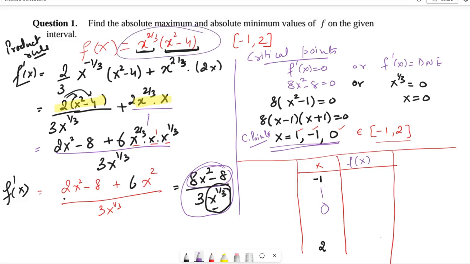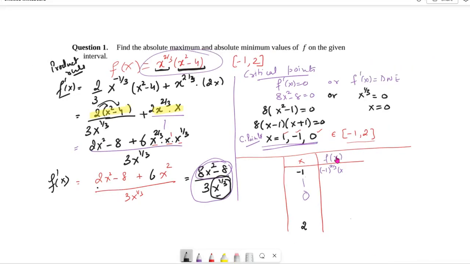When I put -1 in there, that will be -1 to the power 2/3 times -1 squared minus 4. Okay. -1 to the power 2/3 is positive. -1 squared is 1, minus 4, basically 3. Okay.